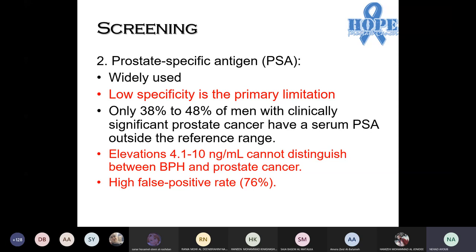I cannot rely on the PSA reading value to directly decide whether I have prostate cancer or not, because as I said elevations can happen in other cases like benign prostatic hyperplasia, which can cause elevations in the same range as prostate cancer. I cannot differentiate between them just based on the readings.